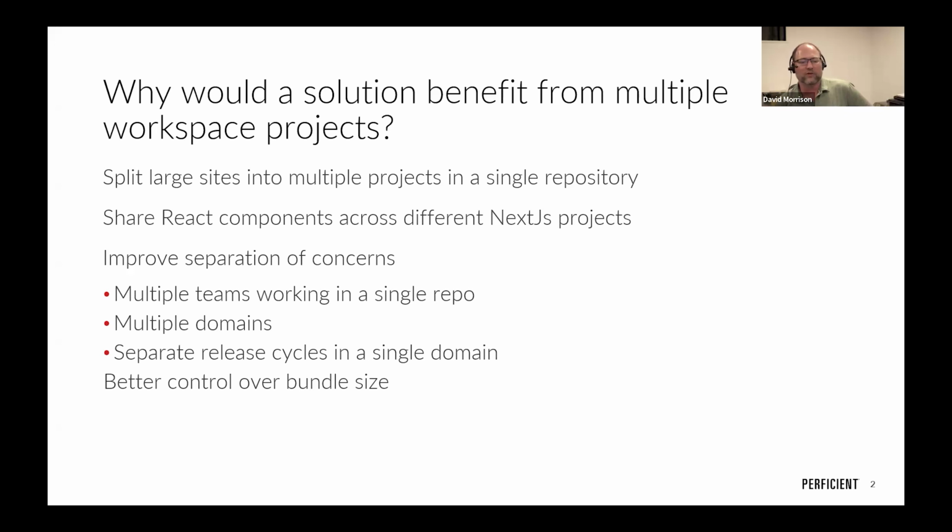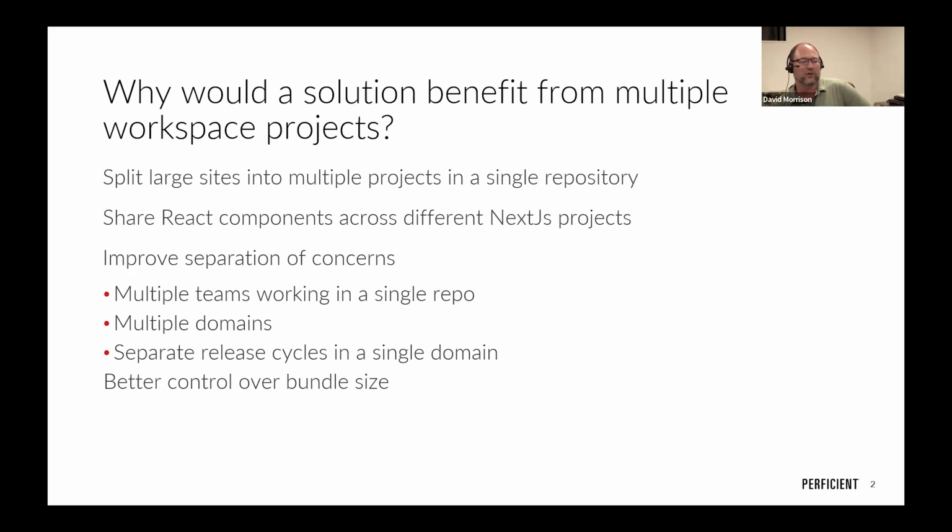Setting up multiple projects can also improve the separation of concerns across teams. If you have multiple teams working together on a single thing, giving each team discrete responsibilities across different projects becomes a lot easier. You can review on a pull request who's changing files where, if different teams are all working in the same place.